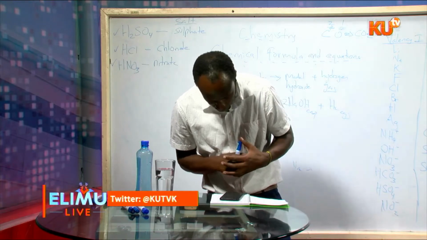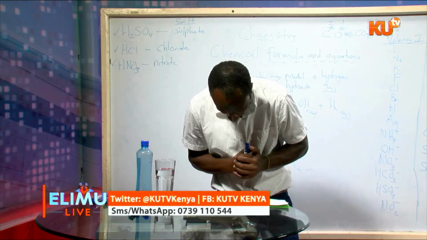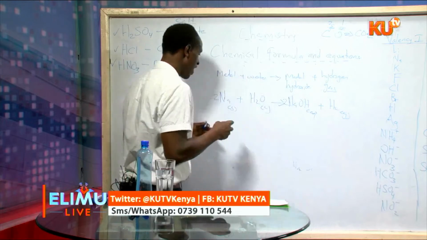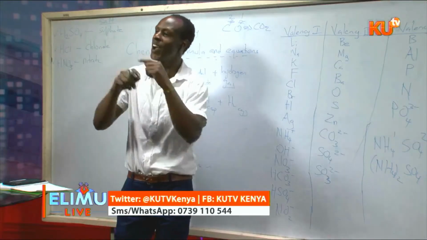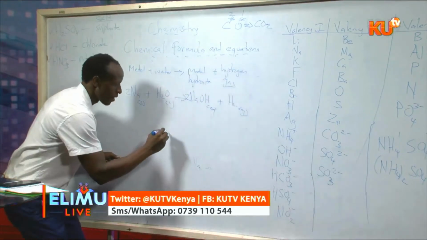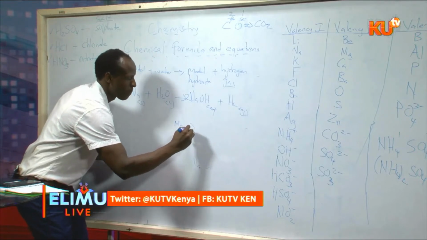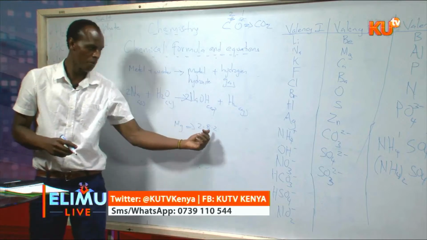What's the difference between valence and valency? Valency is how many electrons it loses or gains. Valence is outermost. When you are drawing magnesium, Mg, it is 2, 8, 2.